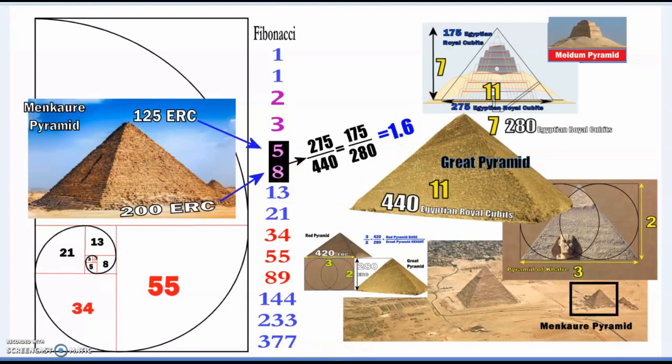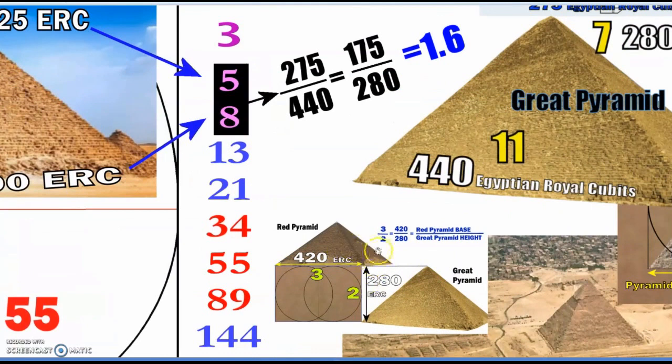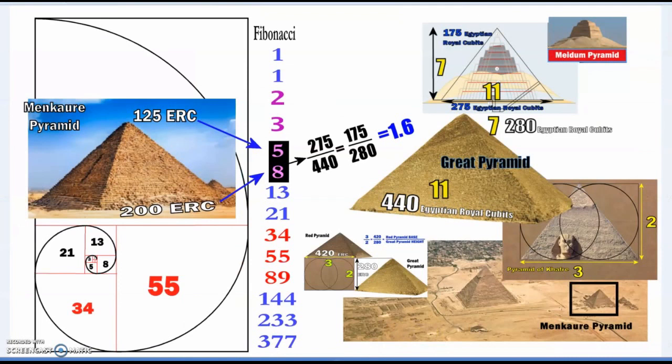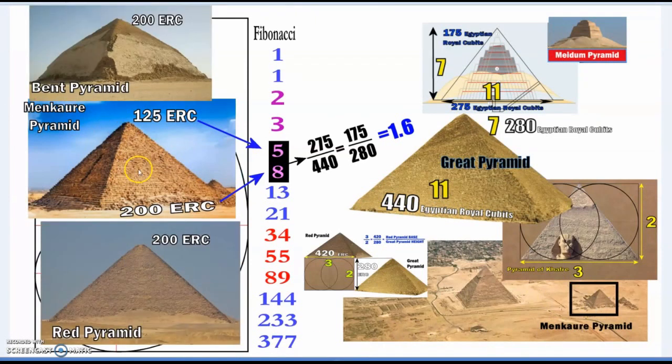the Great Pyramid. Now, I've already mentioned that the Red Pyramid and the Great Pyramid are joined by the 2 to 3 ratio of the Khafre Pyramid. Well, the Menkaura Pyramid has another series of links, because the Red Pyramid and the Bent Pyramid are both 200 Egyptian royal cubits high, which is equal to the base length north-south of the Menkaura Pyramid.